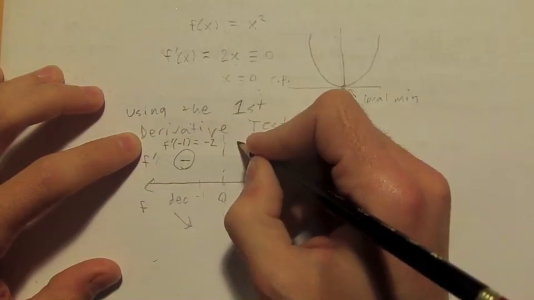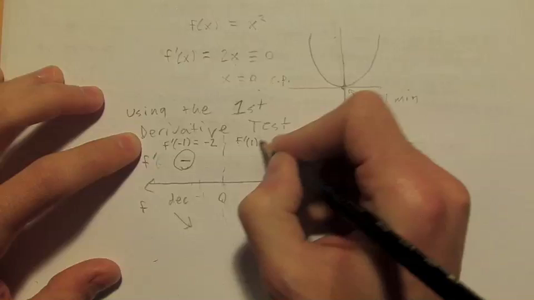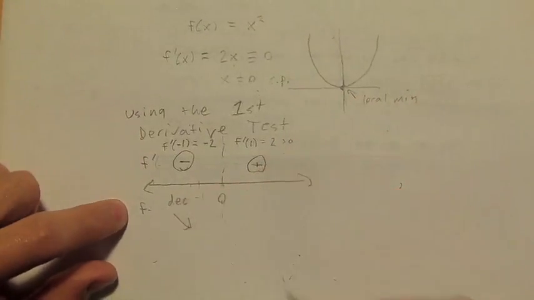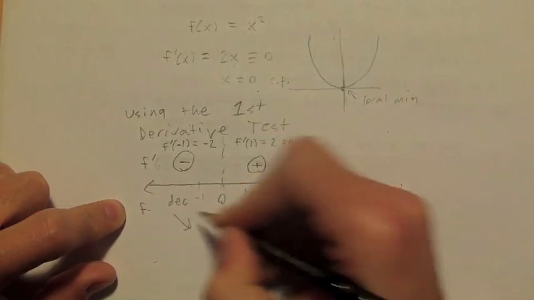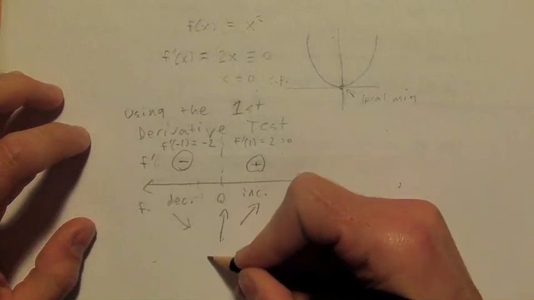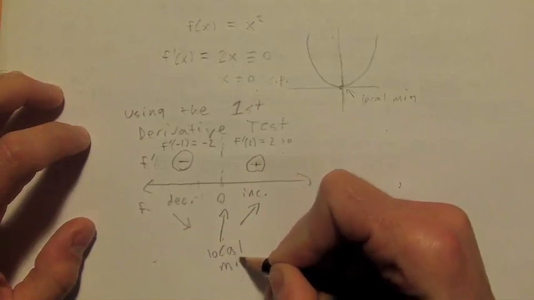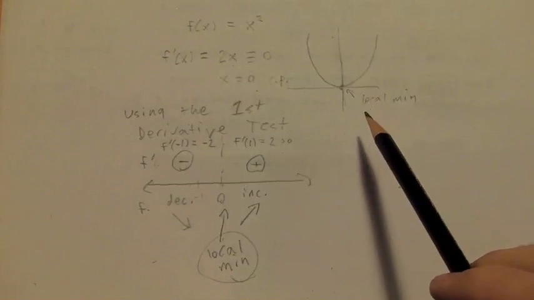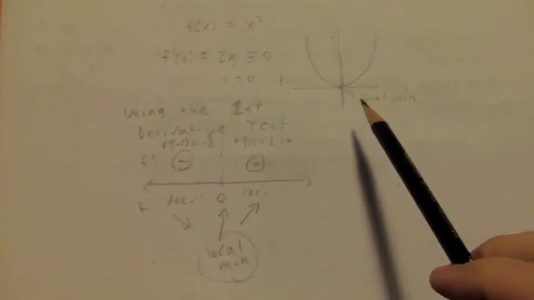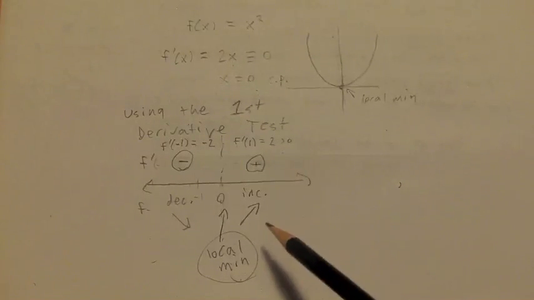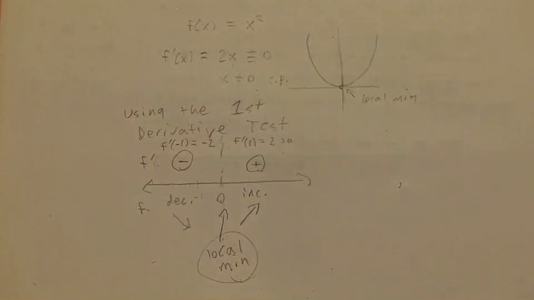And here, on this side, I'll plug in +1, which will give me +2, which is positive, which tells me that our original function f is increasing. Therefore, it's pretty clear to see right here at 0 that this is a local min. Okay? Right, which we already knew. I mean, we know that x squared goes from decreasing to increasing, but we're going to start looking at functions where we don't already know that. All right? Now, that's basically how the first derivative test works.